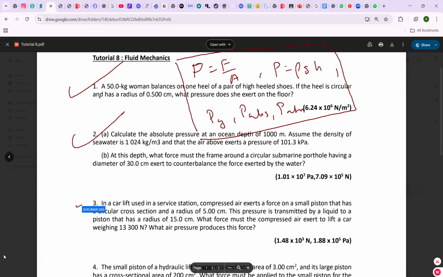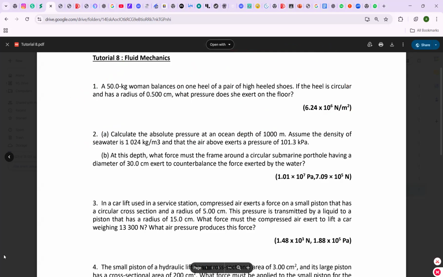Now the third question is based on hydraulic lift and Pascal's law, that we have not seen, so we will see now. Atmospheric pressure was 1.013 into 10 to the power of 5.